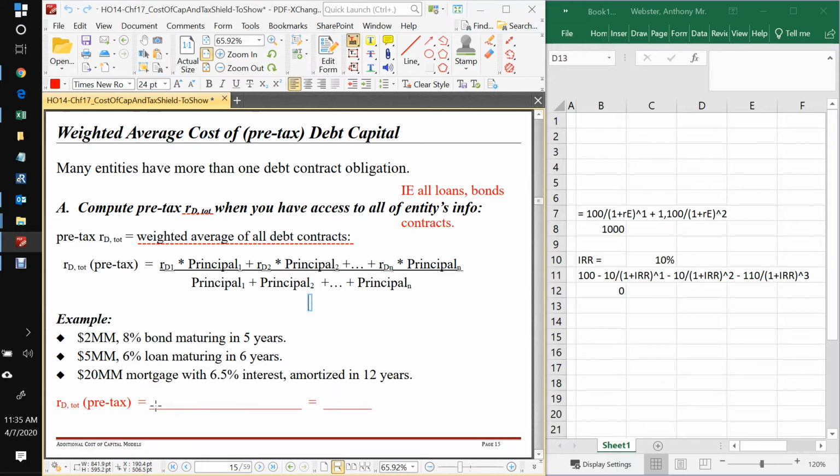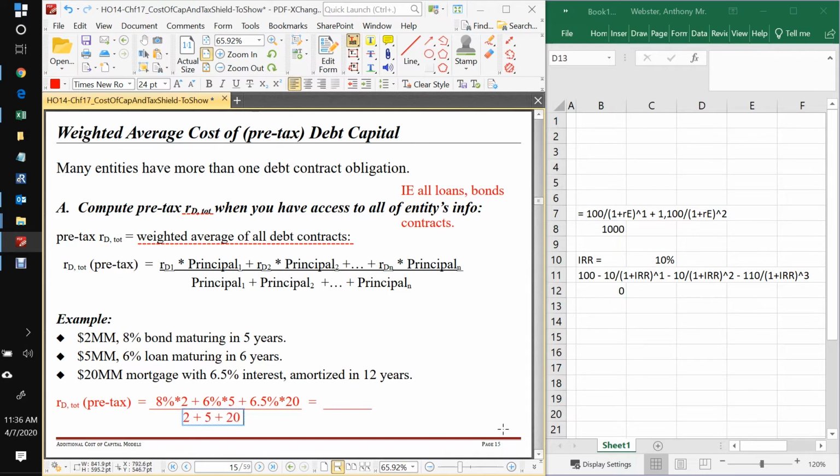Just by taking a weighted average, we can get the total pre-tax cost of debt capital for the company. So that's going to be 8% times 2 plus 6% times 5 plus 6.5% times 20, over the total amount of debt, which is equal to 2 plus 5 plus 20.